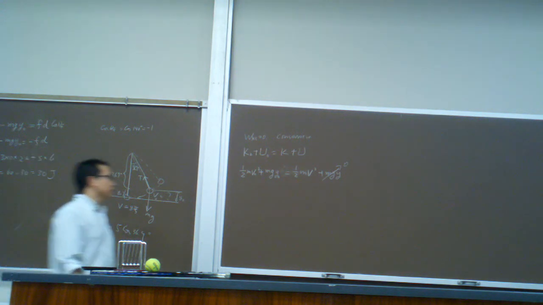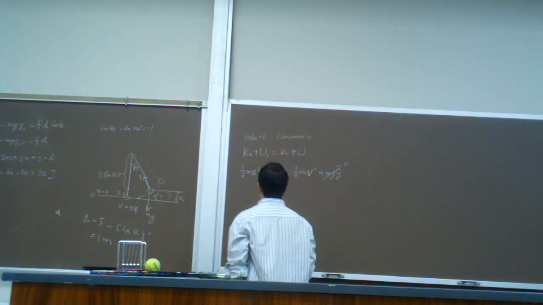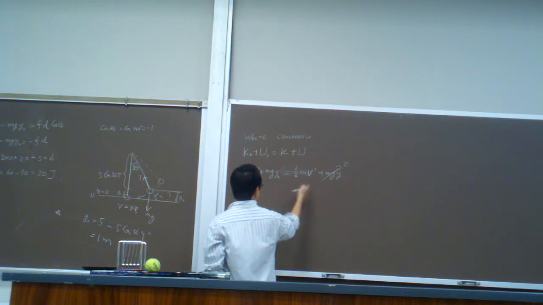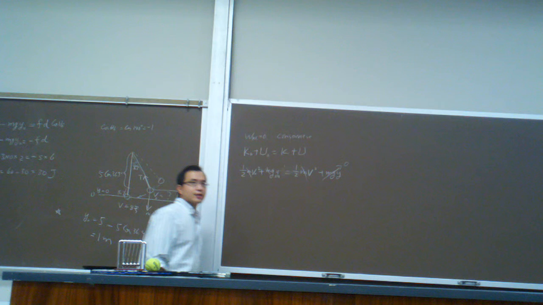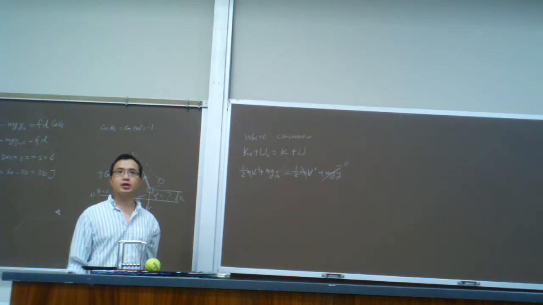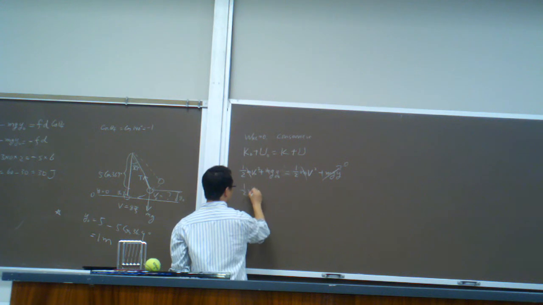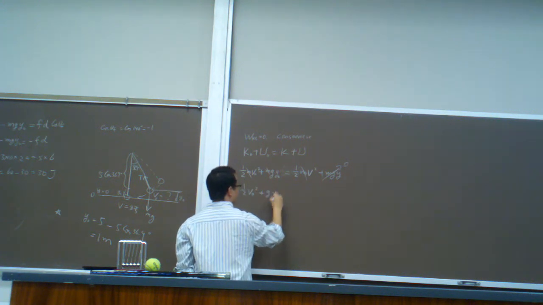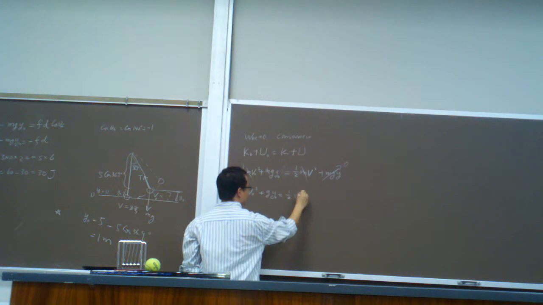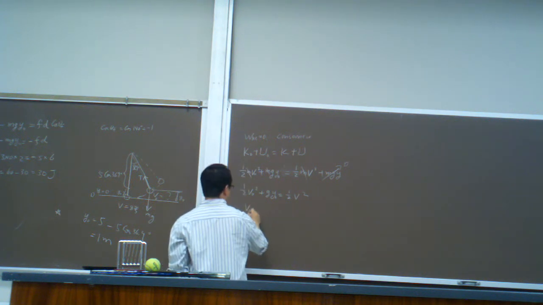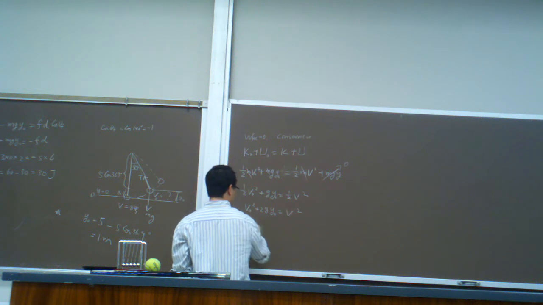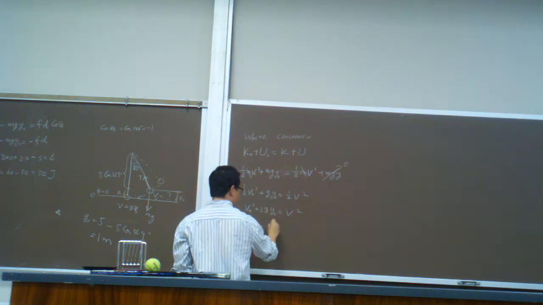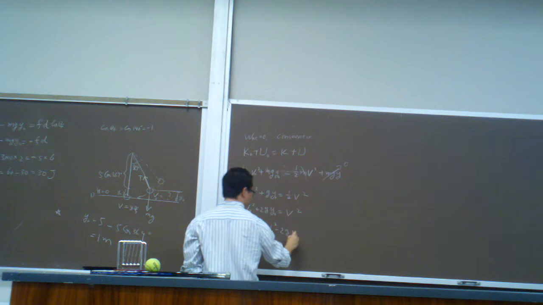It's not directly given. Once you know this, here it's quite straightforward. In fact, before you put in the numbers, you can even cancel all the masses. I gave you the mass, but you don't really need it. So 1/2 v naught squared plus g y naught equals 1/2 v squared. And then you get v naught squared plus 2g y naught equals v squared. V naught squared equals v squared minus 2g y naught.